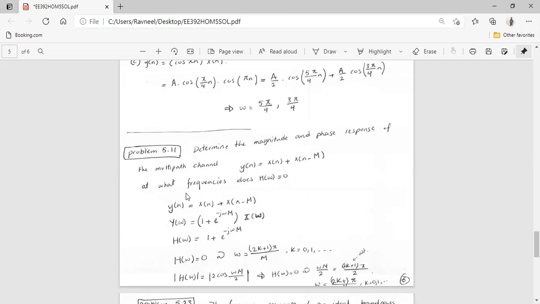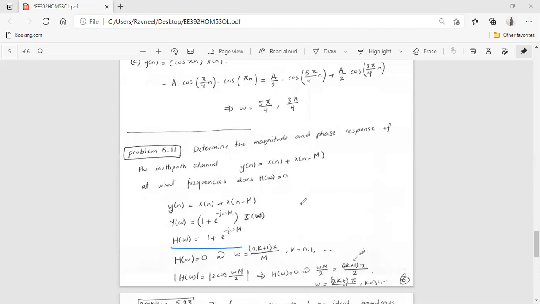Focusing on the second part, at what frequency does H of omega equal 0.